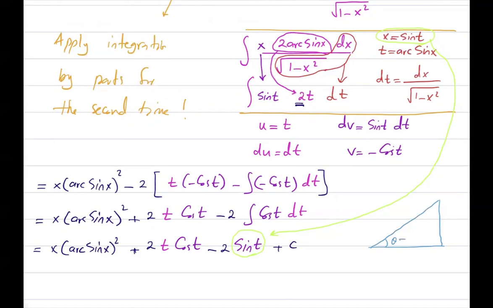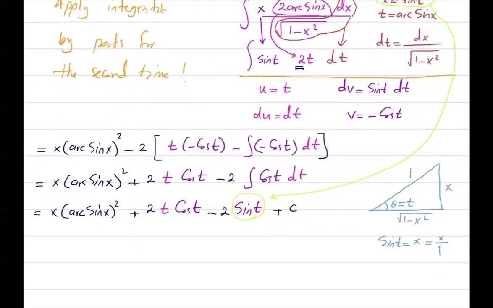So t and theta are basically the same thing here. When you write sine t equals x, it is basically x divided by 1. So this quantity is x, this quantity is 1, and this length is the square root of 1 minus x squared. So you can use this to define cosine t or cosine theta.